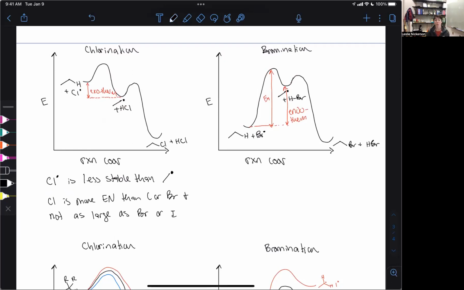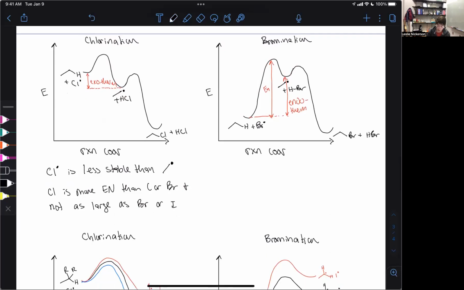Okay, so it's weird to think about the carbon radical being more stable, but chlorine is more electronegative. It's not as big, so it doesn't have as much going for it as the other halogens do. So it's more electronegative than carbon, so it wants those electrons more. So it's happier to get those electrons back and then make carbon more miserable.